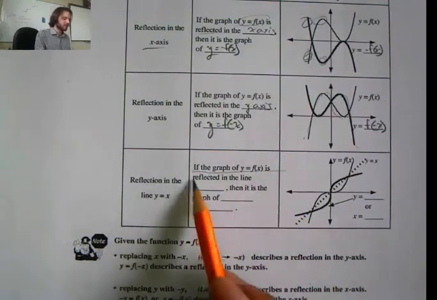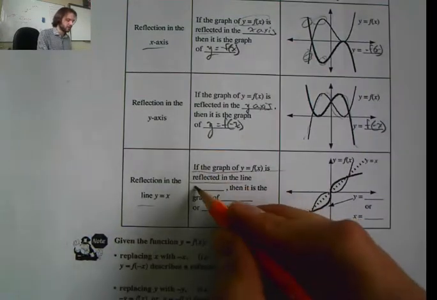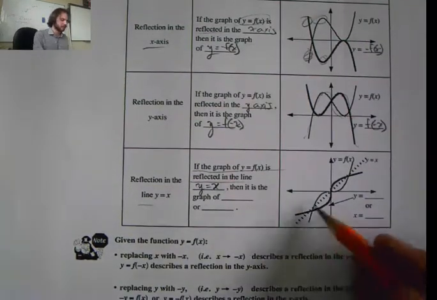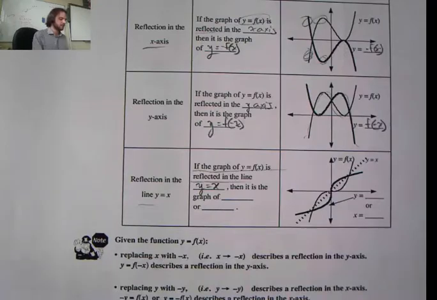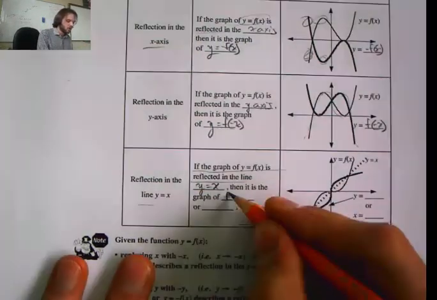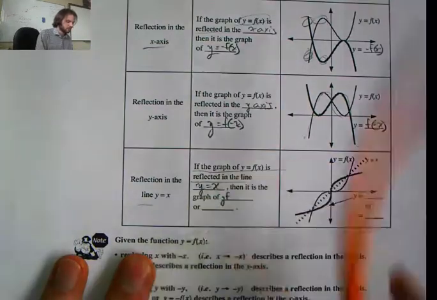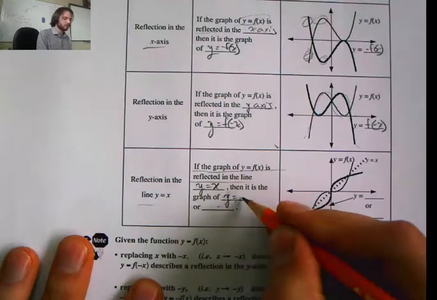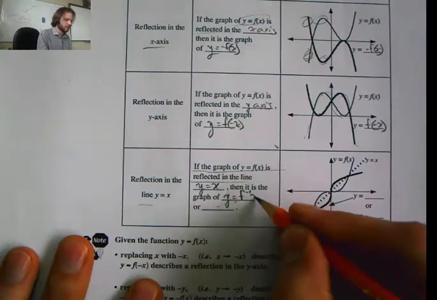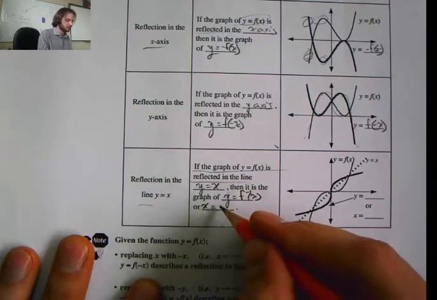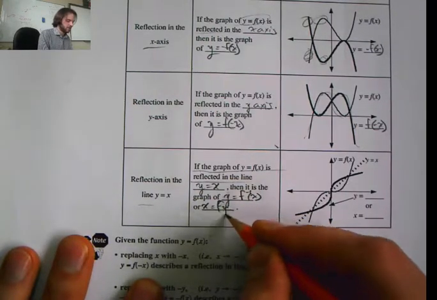Let's take a look at the next one here. If the graph f of x is reflected in the line y is equal to x, that's that line going like this here, then it is a graph of y is equal to f negative 1 of x, so the inverse of x, or we could say x is equal to f of y.